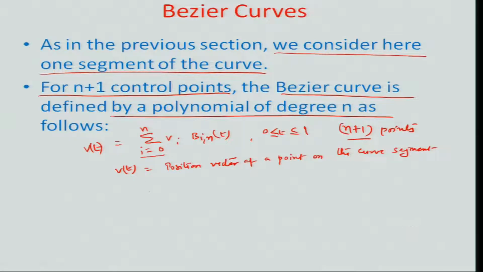And Bi,n(t) is a polynomial which we otherwise know as the Bernstein polynomial.